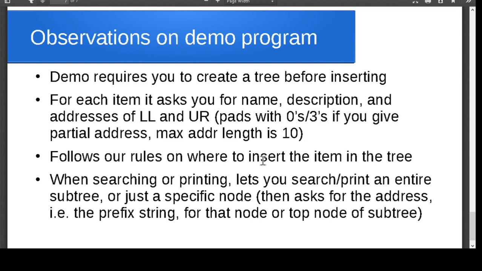For each of those cases, it'll ask you whether you want just the one node or the entire subtree, and then which node or subtree you want to search or print. So you're going to have to first make the decision, node or tree, and then specify the address of the node or the top level of the subtree that you want to print out.